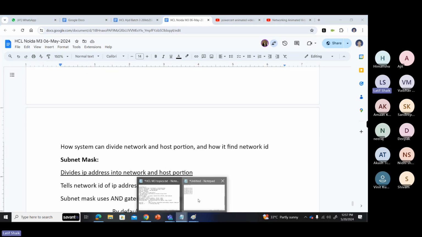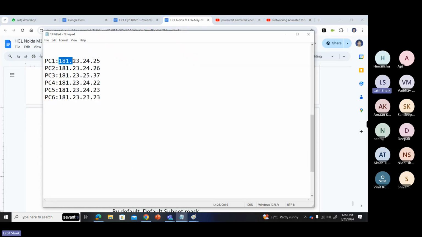So you understand what is a network ID and what is a host ID. You take an IP address and you understand this is the network portion and this is the host part. You understand by default, given, right? But how can the system understand?